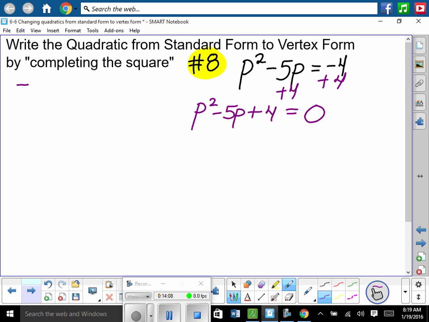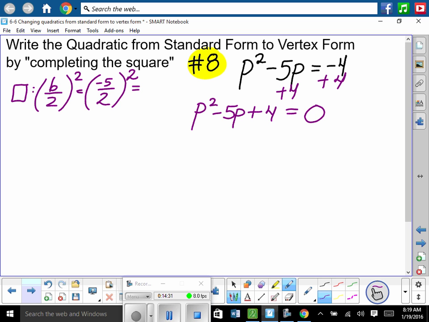I'm going to find out what my square is. It's always b divided by 2 squared. My b value is negative 5 divided by 2 squared. So negative 5 divided by 2, that's a decimal. We would rather leave it as a fraction. Does the fraction simplify?